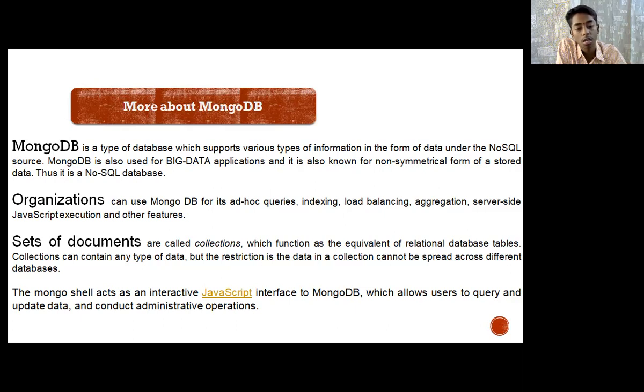Similarly, the Mongo shell acts as an interactive JavaScript interface to MongoDB, which allows users to query and update data. As we discussed, we can update data and conduct administrative operations. Not only JavaScript, but Python, C, and many other languages we can use in the script interface in MongoDB. So let's go to the next slide.